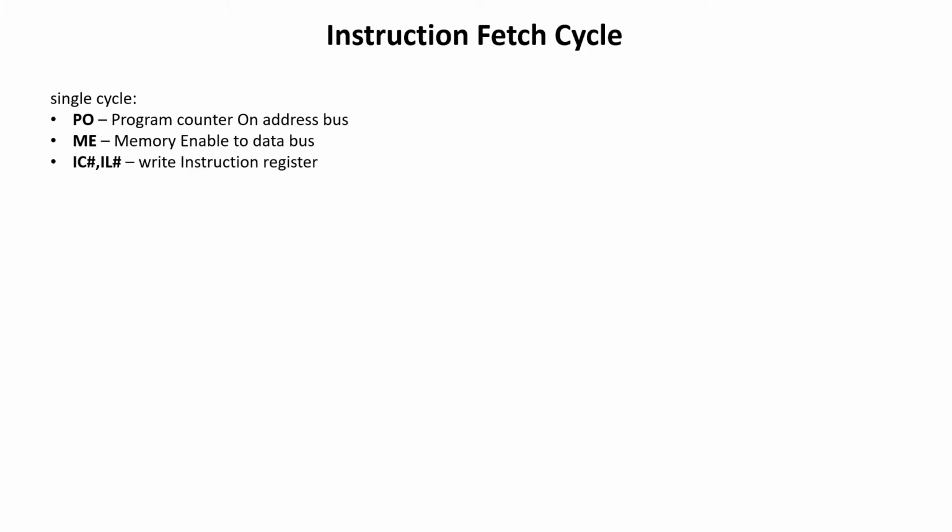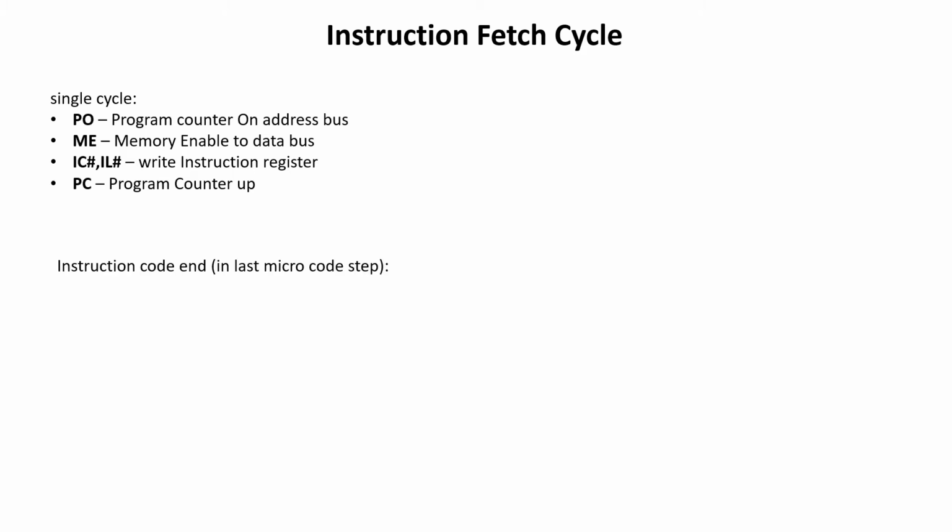Then of course IC and IL, both active at the same time, allow writing the byte from the data bus into the instruction register, and then program counter up sets the program counter to the next available instruction in memory, so that the next instruction fetch cycle can fetch the next byte.